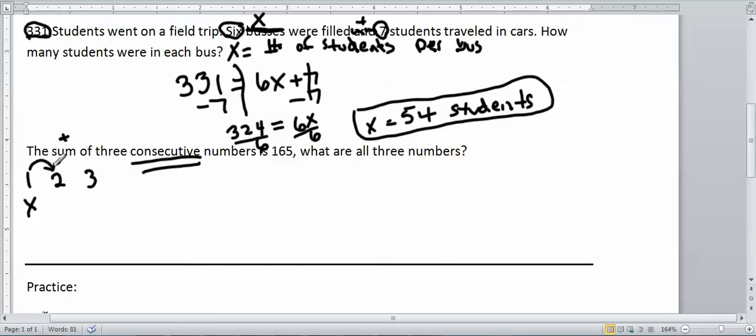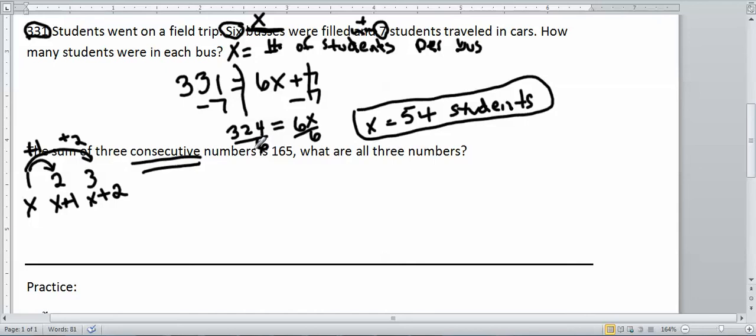And how do I get my first number to my second number? Well, I have to add 1. So the second number is going to be x plus 1. All right? And you see the pattern here. To get from my first number, which is x, the unknown, to my last number, I have to add 2. So I add 1 to x to get to the second number, and I add 2 to x to get to the third number. So that's going to be x plus 2.